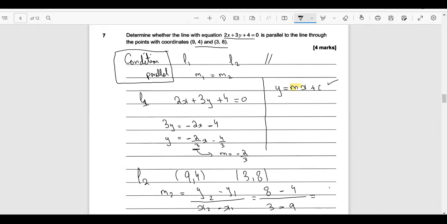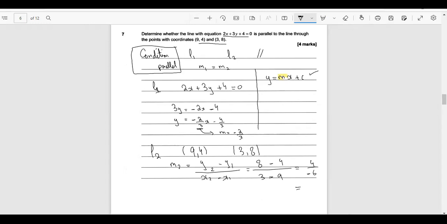That would give you 4 divided by minus 6. And once you simplify this, it would give you minus 2 by 3. Since the gradients are same, it means that both the lines are parallel. Since m1 is equal to m2, that is minus 2 by 3, this implies the lines are parallel.